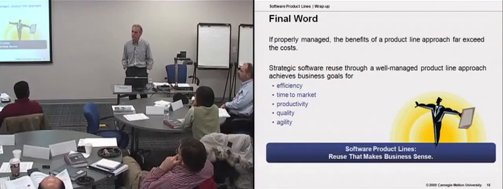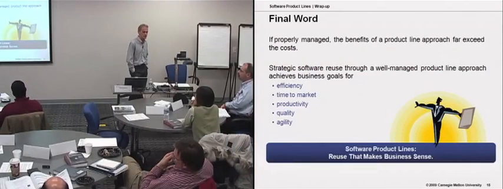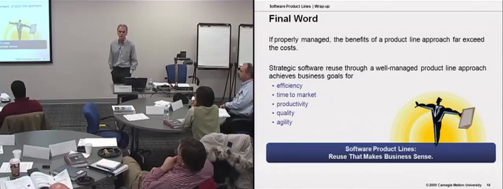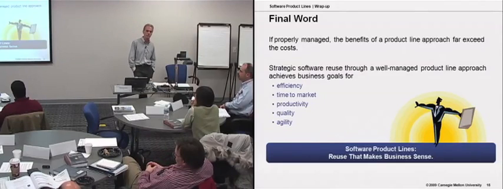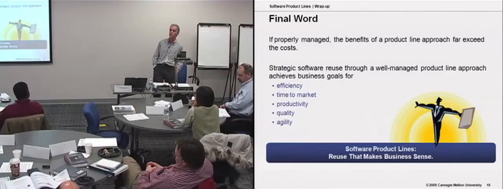So the bottom line is that it can be done. Organizations have done it. They have quantified benefits to show from their product line work. They have been able to successfully enact many of the practice areas in the framework, even those organizations that, starting off, had no idea that the framework actually existed.